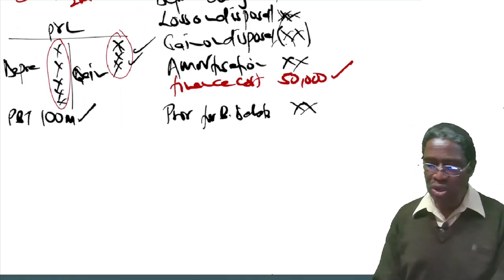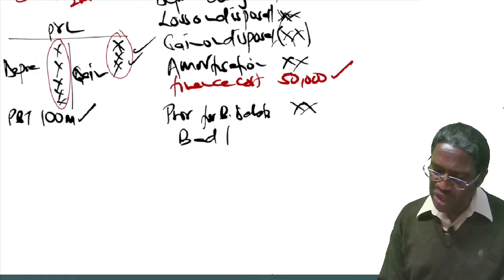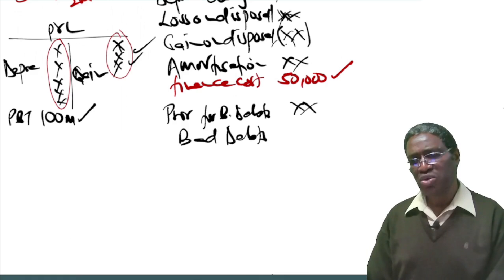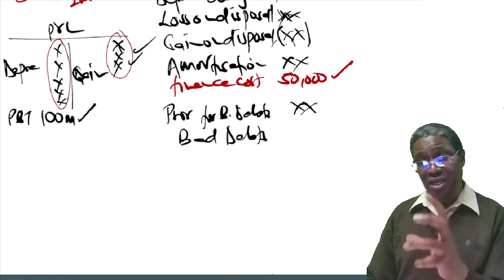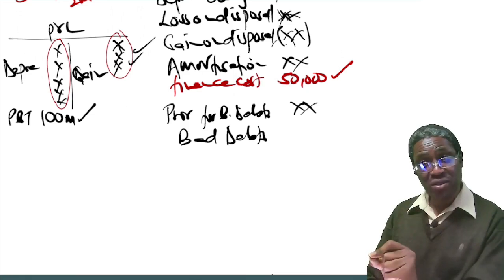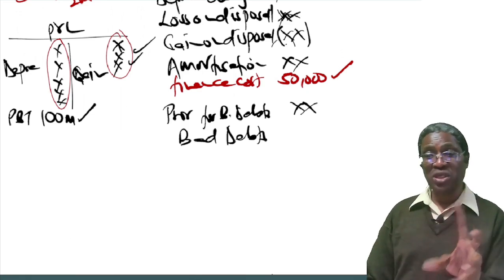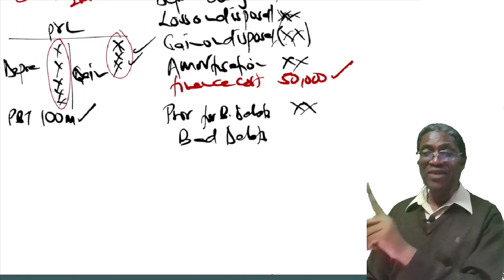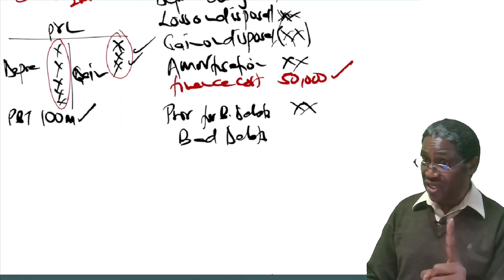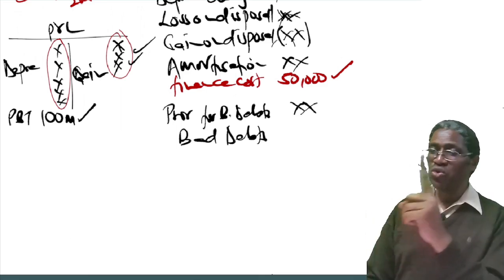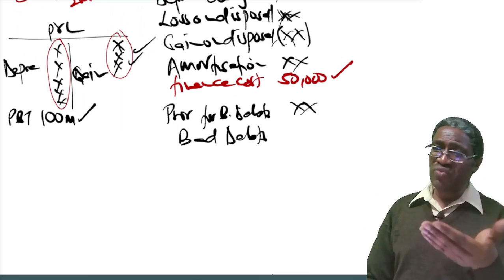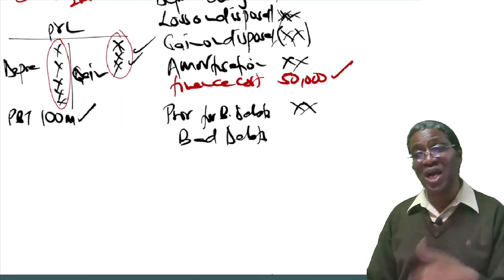Another example could be bad debts. When you write off a debt as a bad debt, remember, you did not pay that amount. You went to the debtors account, you credited debtors, and you debited the account called bad debts. Then by the end of the year, you normally take the balance of the bad debts to the P&L account as a loss.